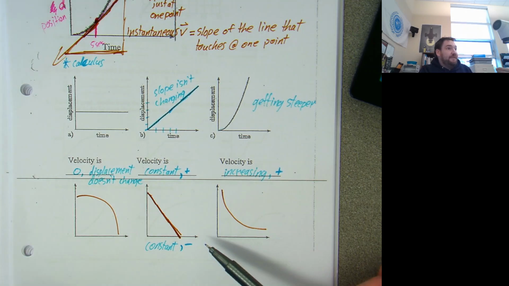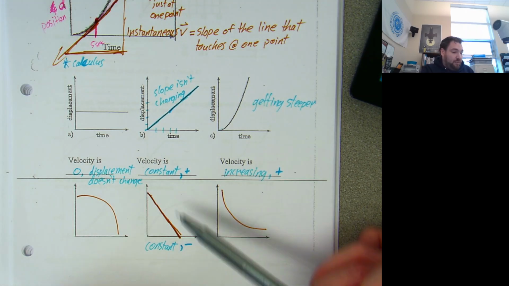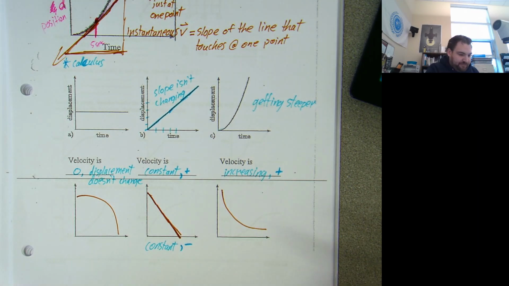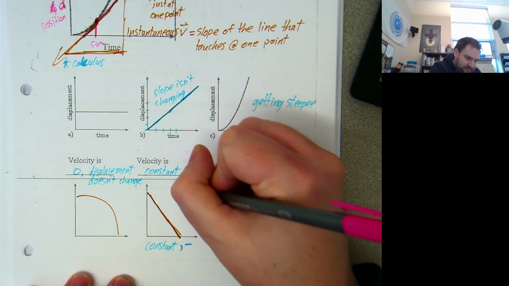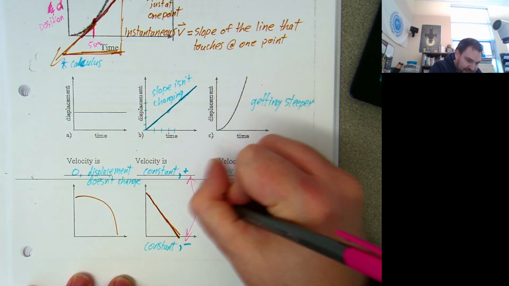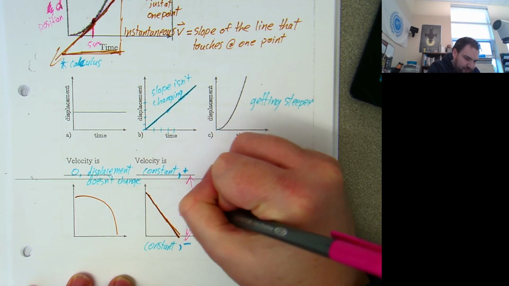A negative velocity just means that you're traveling in a negative direction. So we have an object that's moving back. These positives and negatives here are just directions of travel.